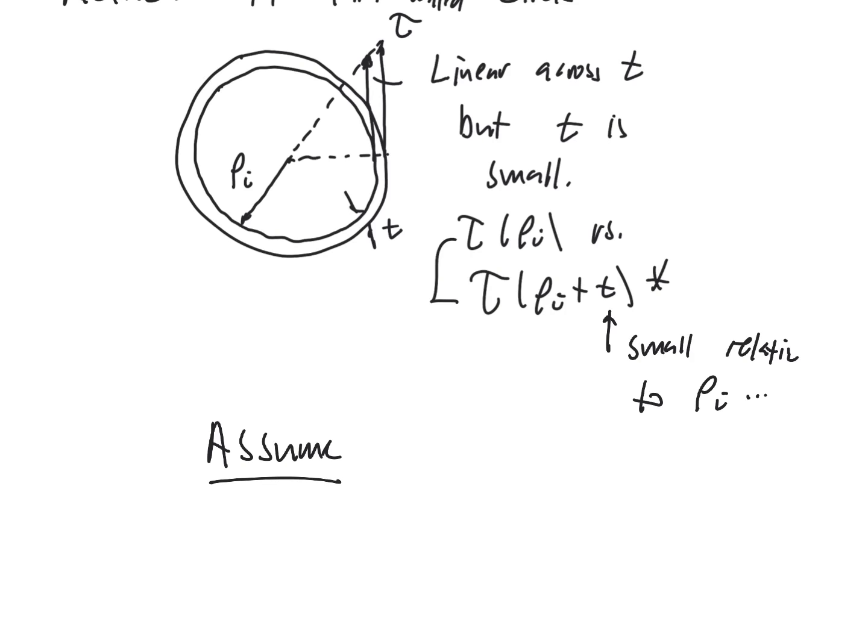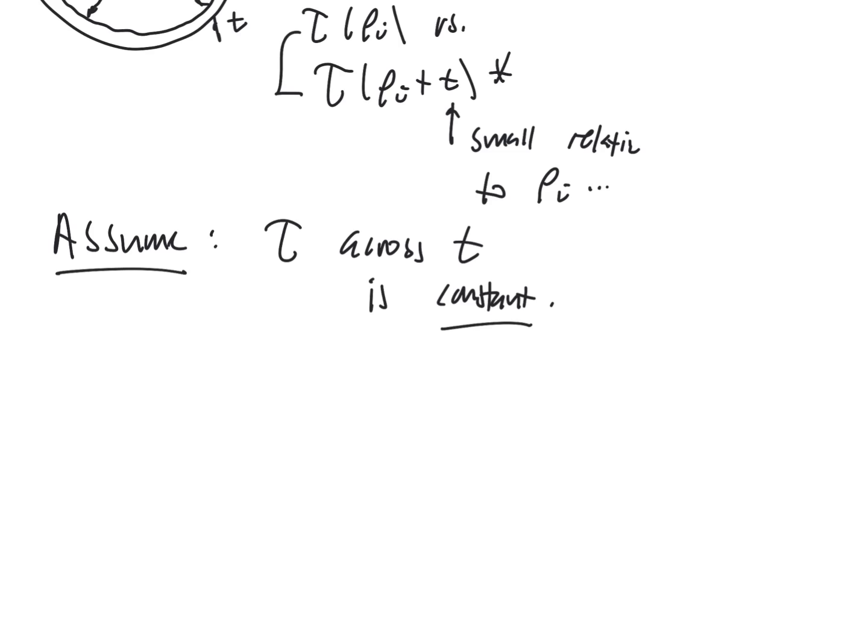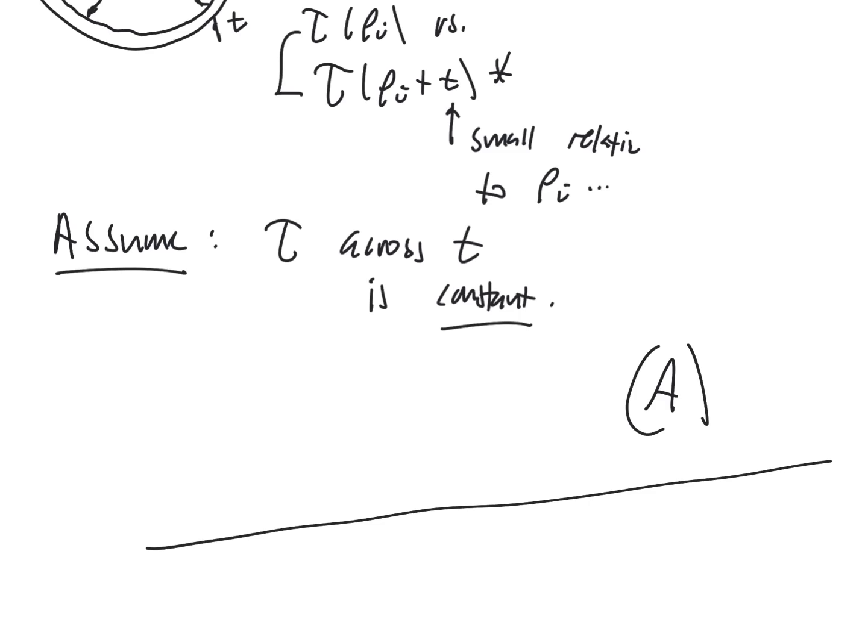It's not even true for the circle. But we are going to assume that tau across the thickness is constant. That is a big assumption, and it's one that is relatively accurate. It's not perfect, but it's quite good. And that simplification is really going to help us as we make our way through this. And we're done with part 1.